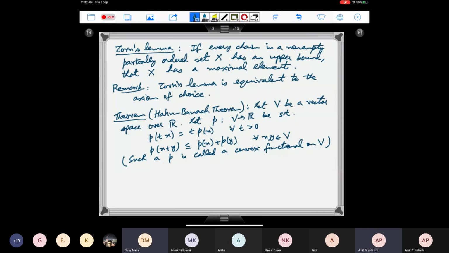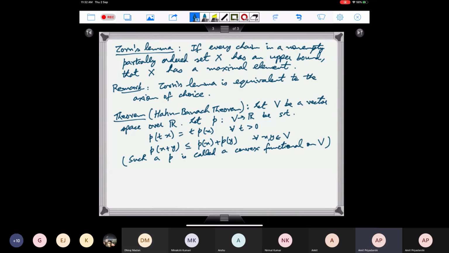Is property one true for every convex functional? These two properties will imply it's convex, but the first property is also something additional. Yes, that is true. I'm not saying that any convex function satisfies both these properties.